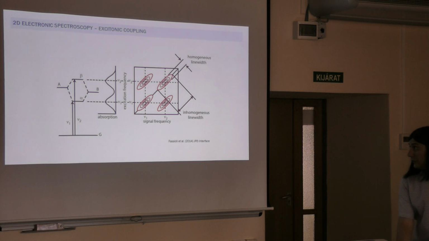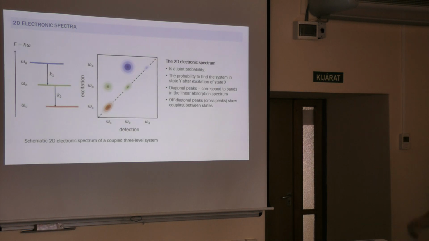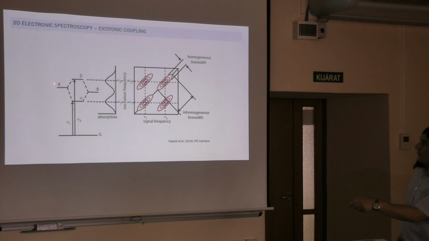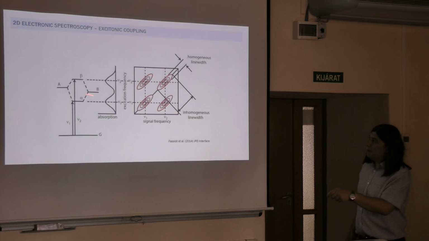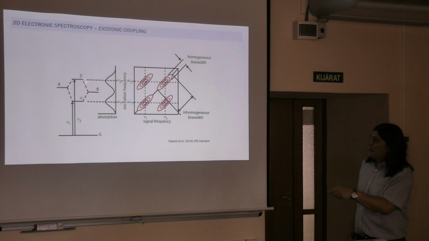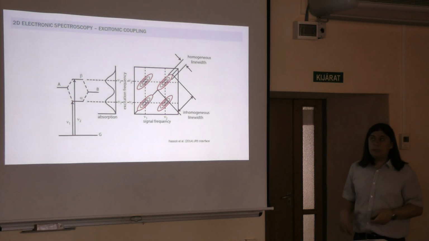And also, if we have delocalized states, like let's say these two states are delocalized, then you remember we have the monomer states, and because of their interaction, the energy splits. We have these excitonic states, and both molecules A and B contribute to the excitation.